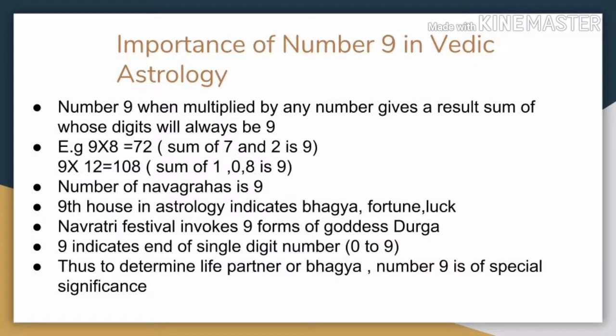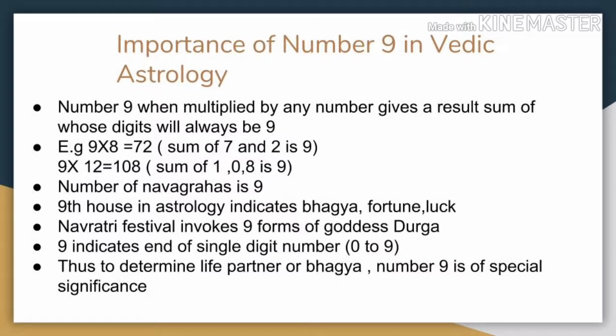Alright. Now, there are 12 signs in Vedic astrology, and there are 9 planets. So if you multiply 9 by 12, again you get 108. And when you add the digits in 108, that is 1 plus 0 plus 8, the answer is again 9.